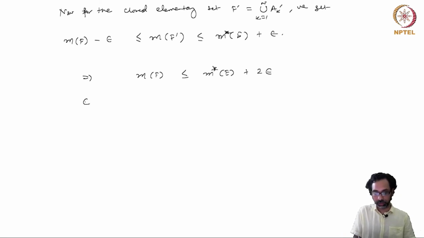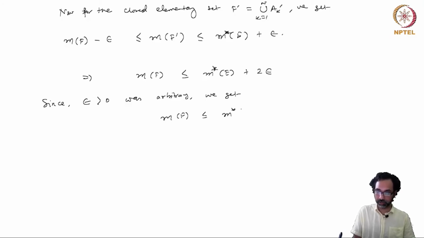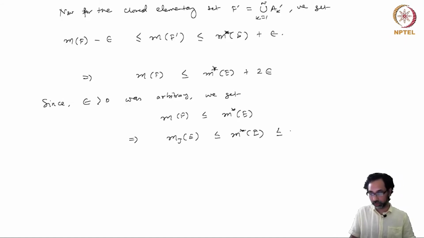But since epsilon was arbitrary, we get m F is less than or equal to m star E, and finally this implies that the inner Jordan measure is bounded above by m star E, which is bounded above by the outer Jordan measure.